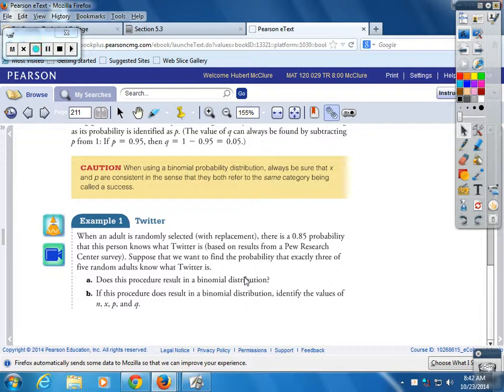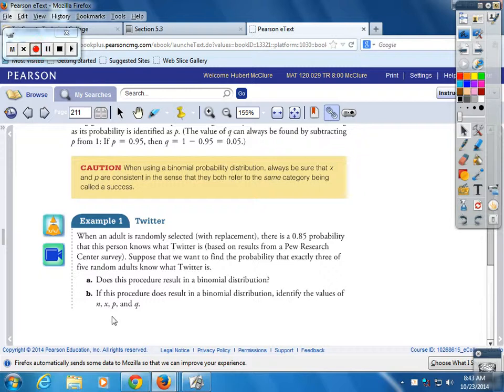So you have to read into the question to make sure that it is a binomial probability. You can't say, what is the probability of picking a face card out of a deck of cards? You can't do that, because that's not a binomial probability.